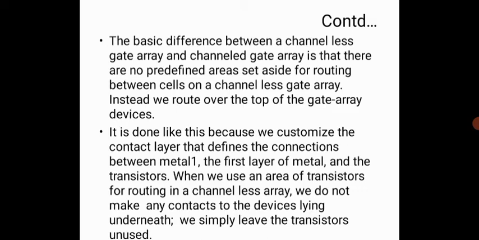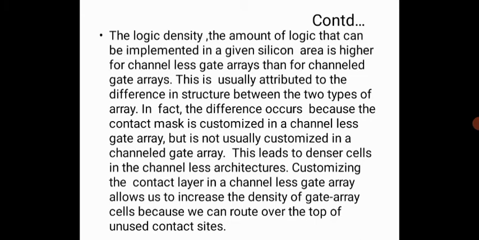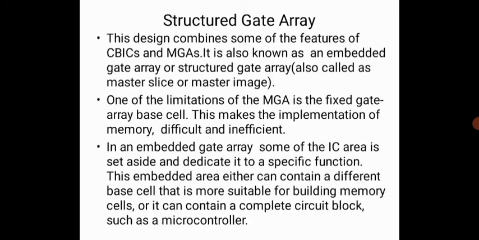It is done like this because we have to customize the contact layer that defines the connections between metal one, the first layer of metal, and the transistors. So when we use an area of the transistors for routing in the channelless array, we do not make any contacts to the devices lying underneath. It is similar to that explanation only.